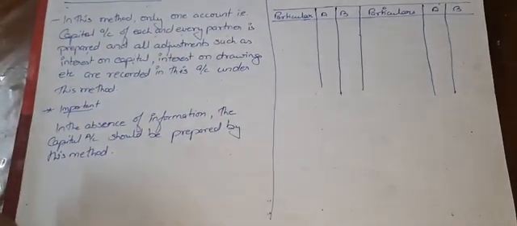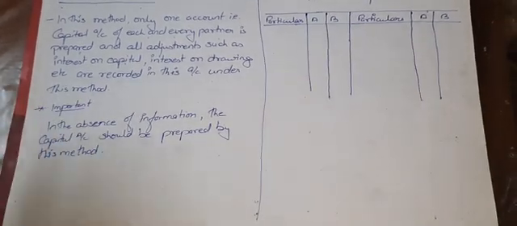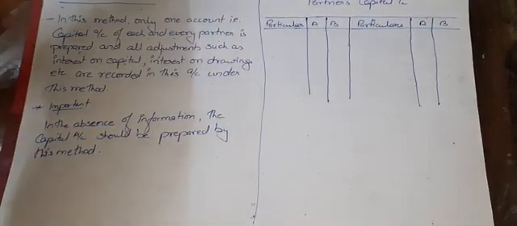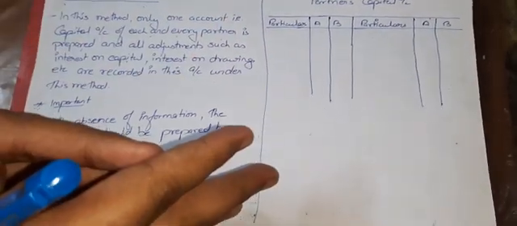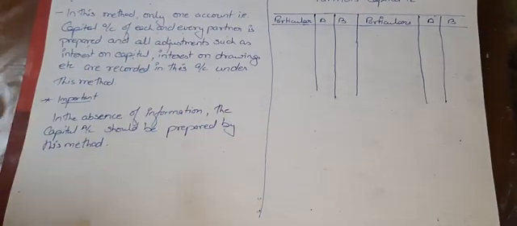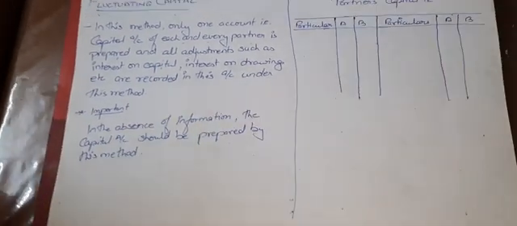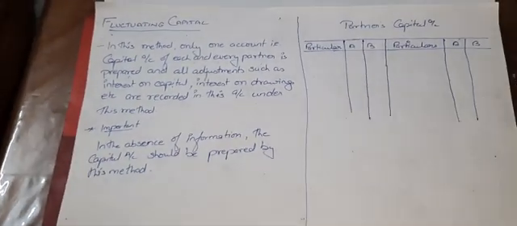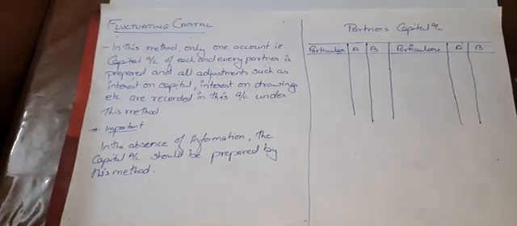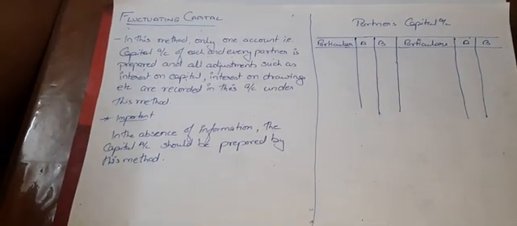Now the important information is this: in the absence of any information, if it is not mentioned in the question whether to make the fixed or fluctuating capital account, then you have to prepare the capital account on the basis of the fluctuating method. Now, how to prepare it?